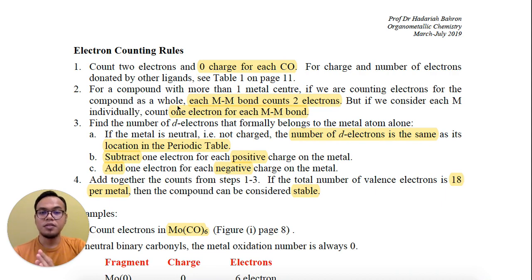So each M to M, metal to metal bond, carries 2 electrons. But since EAN is the total number of electrons in the given metal, meaning an individual metal, you must find the number of electrons in that one metal. So instead of counting 2 electrons per bond, it's going to be 1 electron per metal. I hope you do understand this.